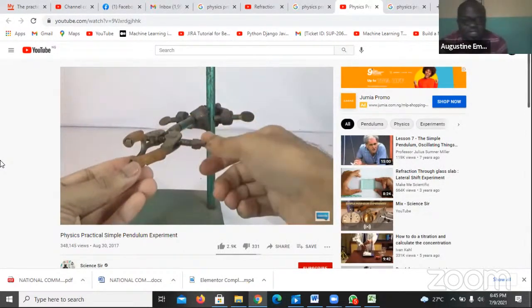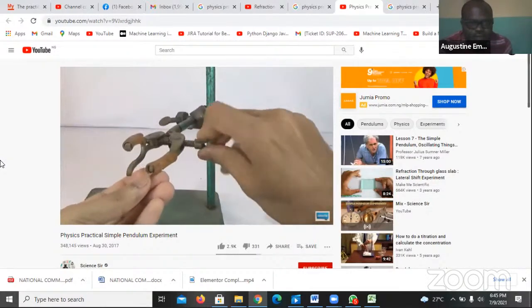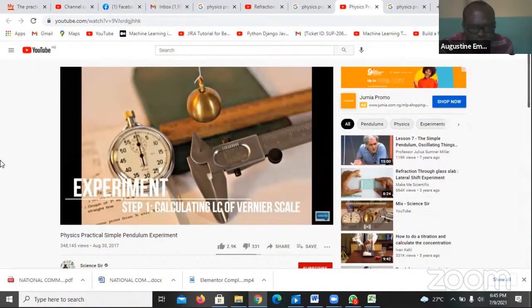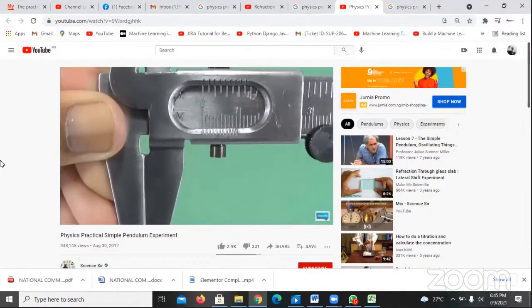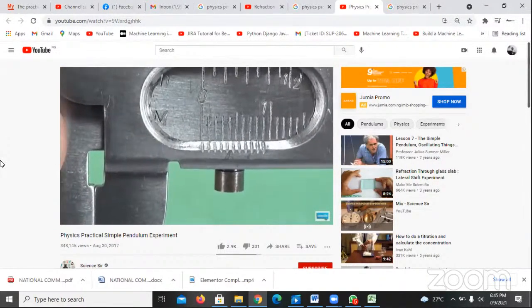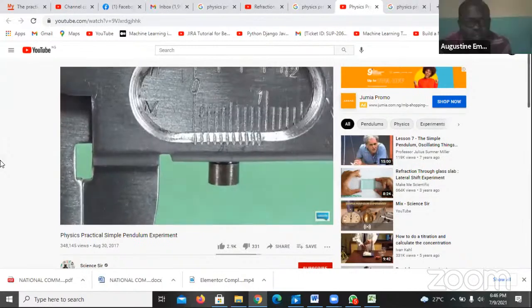So maybe before the day, the clamps should have been set out for you guys, but you should also know how to use it. Yes, they will remove the clamp, then it's us that will fix it. Okay.